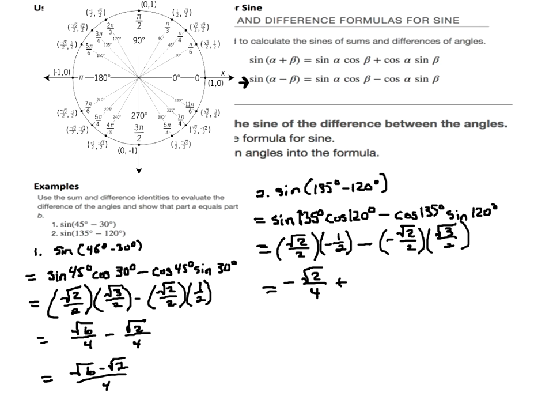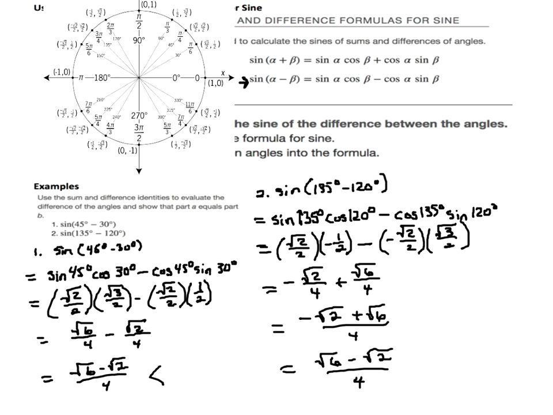Now I've got a negative times a negative, so this is plus square root 6 over 4, which leaves me with negative square root 2 plus square root 6 over 4, which is the exact same thing as square root 6 minus square root 2 over 4. Notice we got the same thing, even though they were different angles, because their difference was the same.